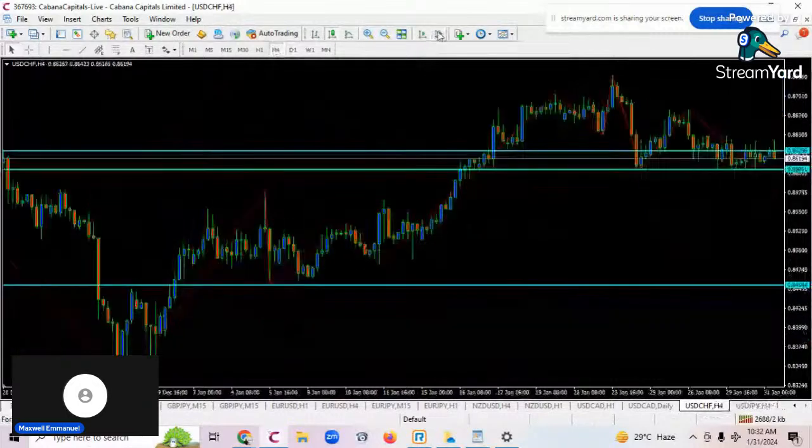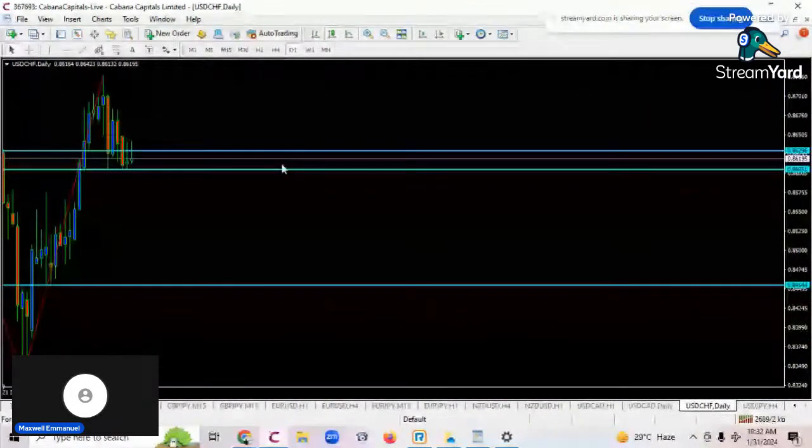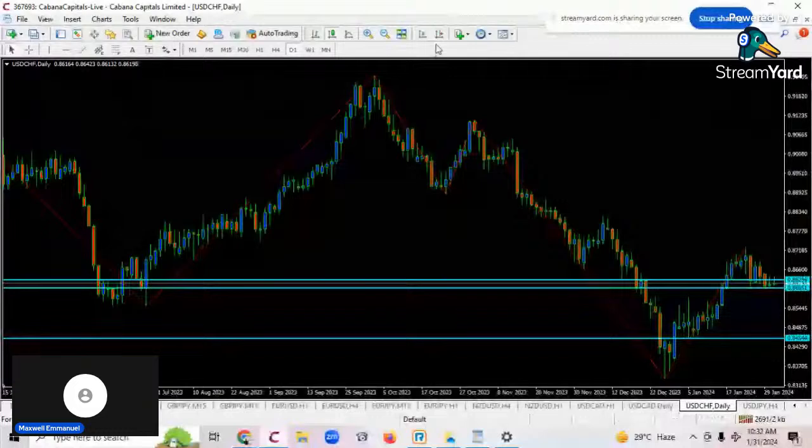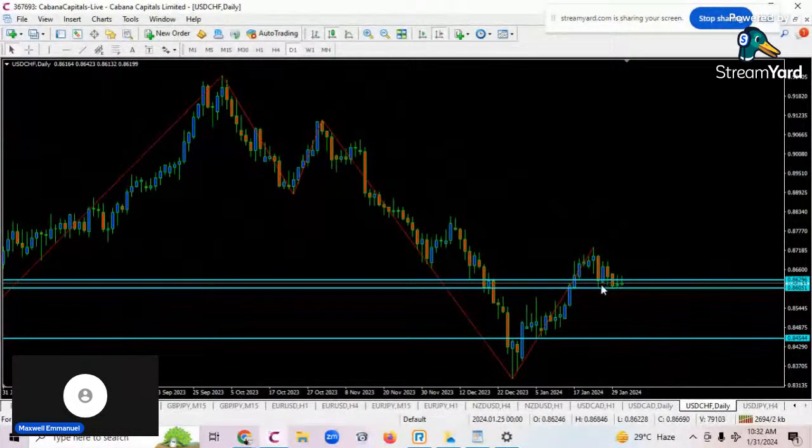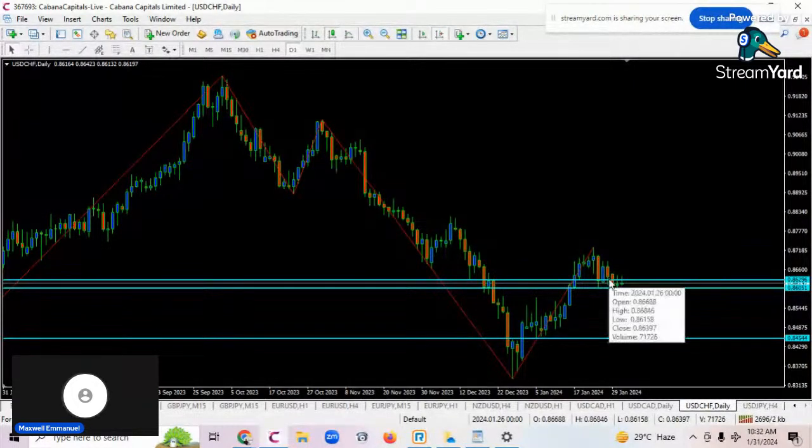Also, if you go to the daily, you will see that we had a support last Thursday, and Monday's candlestick broke out from that support. When a support is broken, it indicates supply has exceeded demand. We have more sellers than buyers.